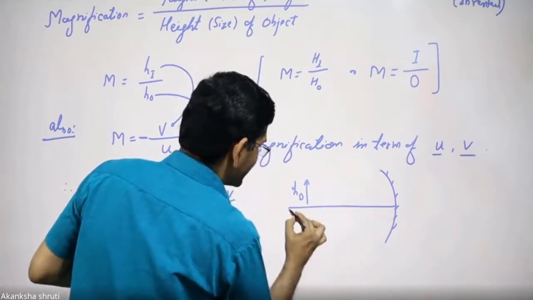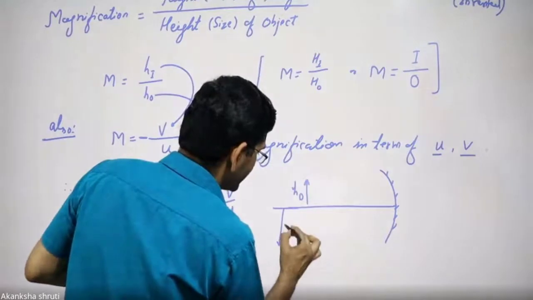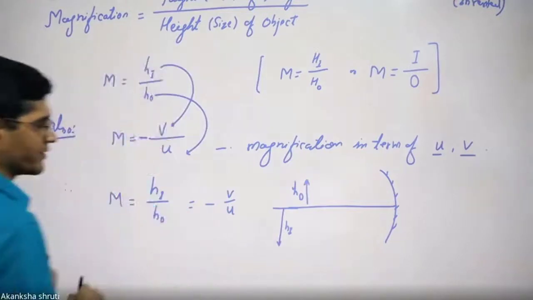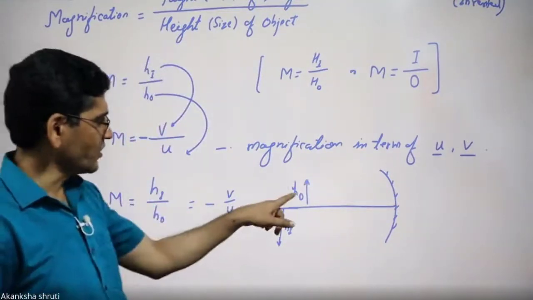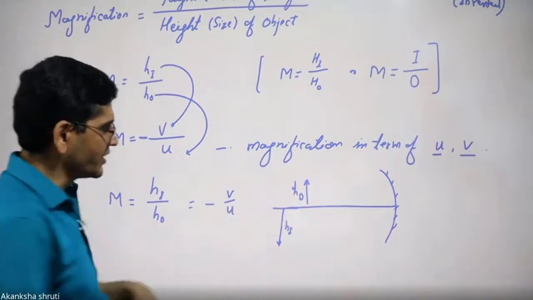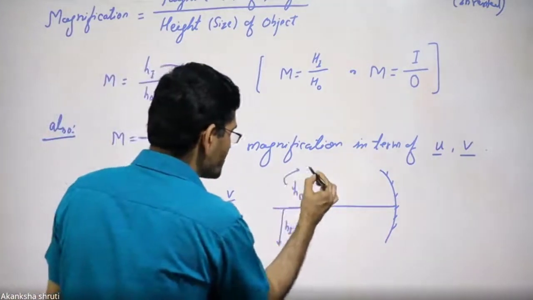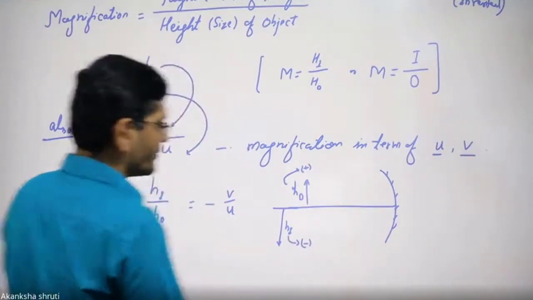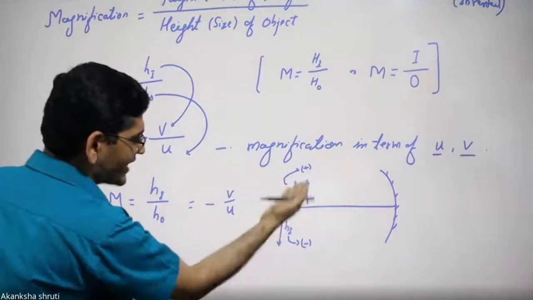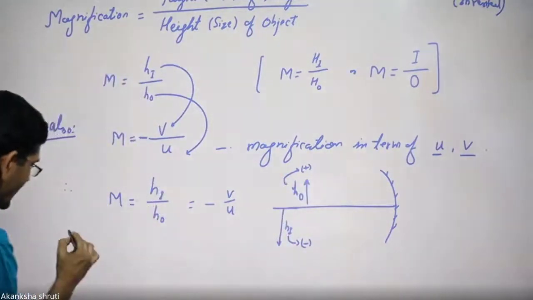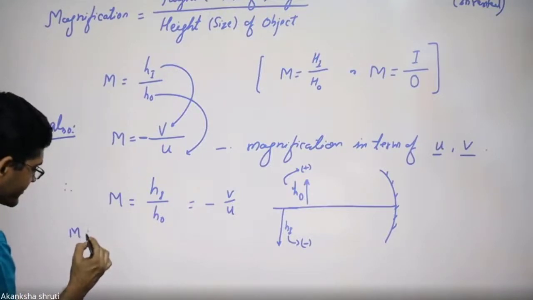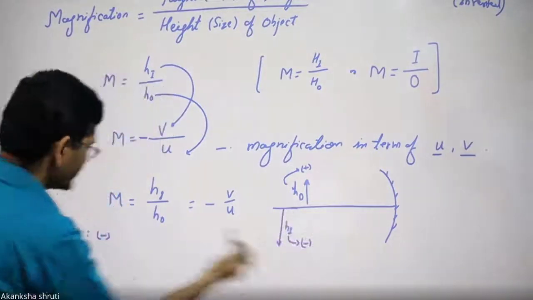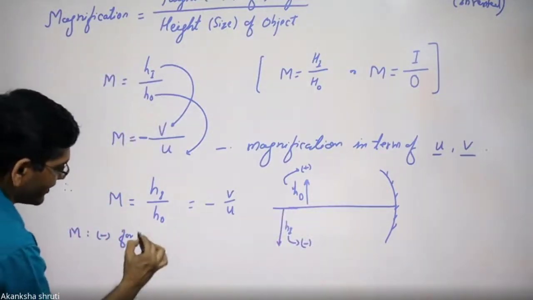If the image is real, then we get the HI somewhere here, as we have learned. Means what? While substituting in this ratio, you will take HO as a positive value and HI as a negative value. Then substituting these values, you will get this ratio as negative. So M will come negative for a real image.